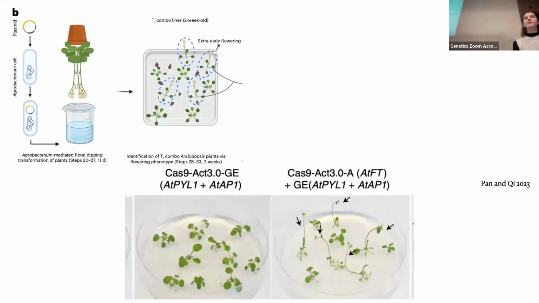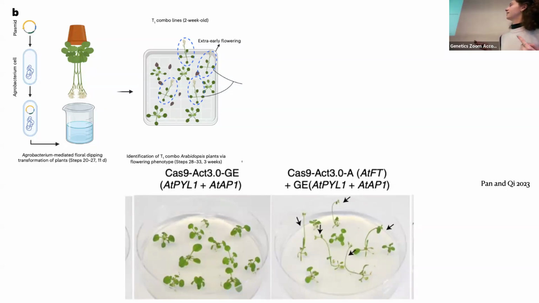And then the importance of the flowering locus T gene becomes apparent, because your successfully transformed plants will have extra early flowering, because you're recruiting so many of these activators to the site that it makes translation go really fast.